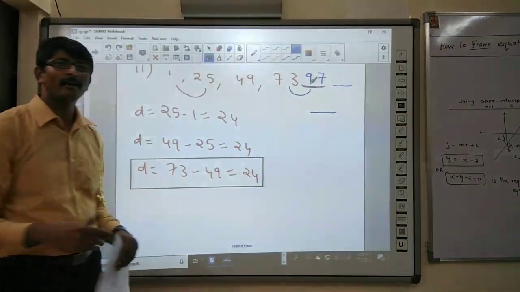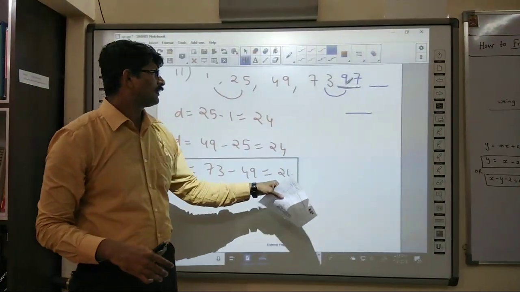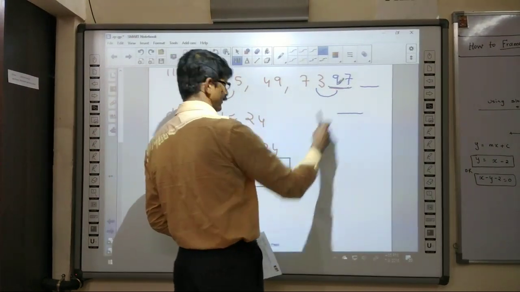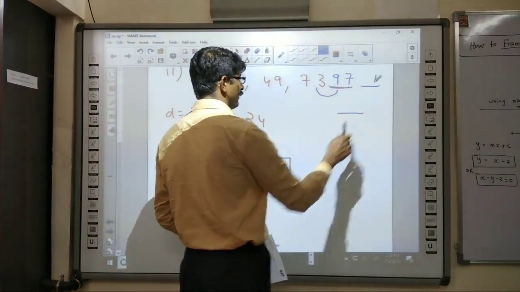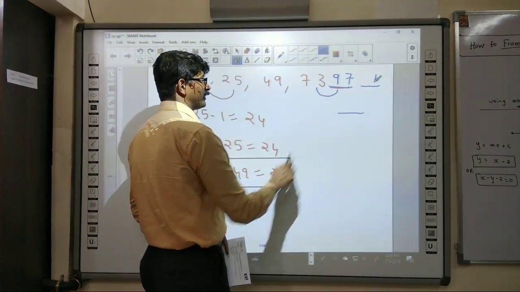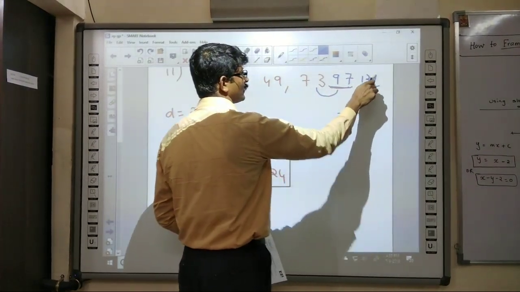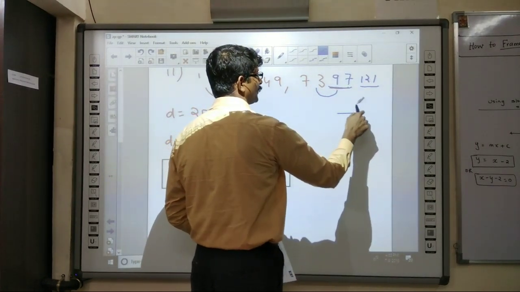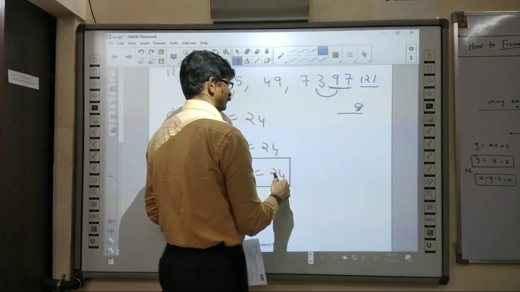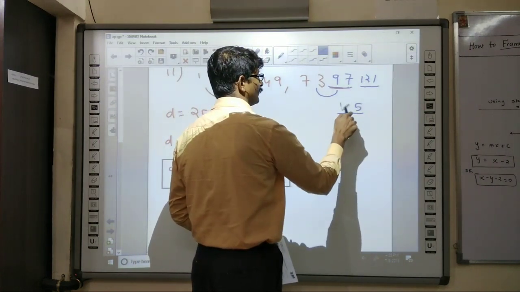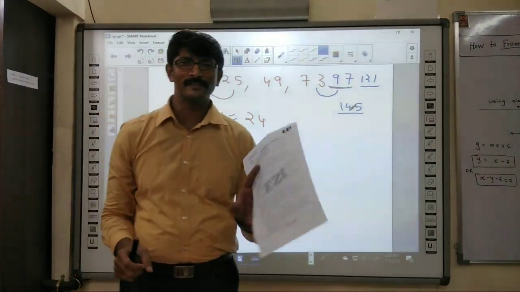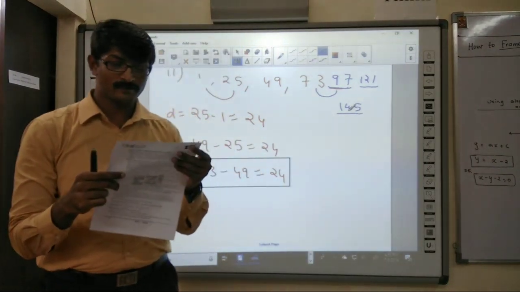And student, how do you find the next number? Add 24 and 97. So 4 plus 7, 11, 1 carrying, and 3 plus 9, 12. And student, 121 plus 24, 4 plus 1, 5, and 2 plus 12, that's 14. I hope students you have got the next 3 terms of this sequence.